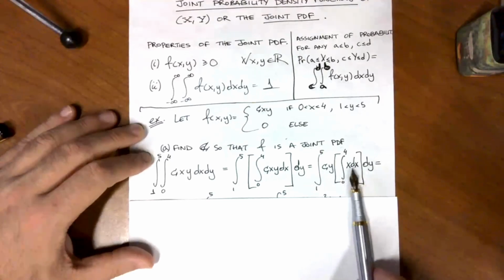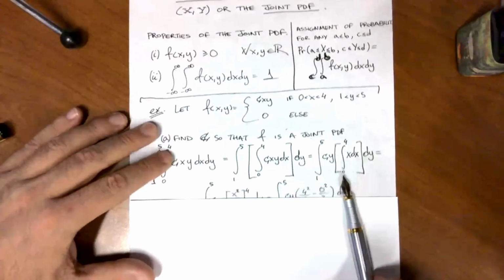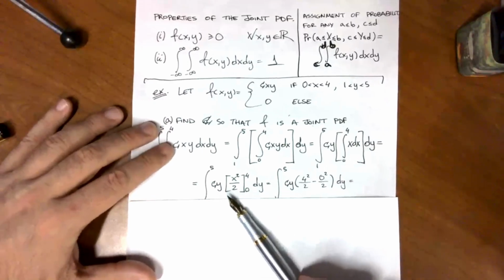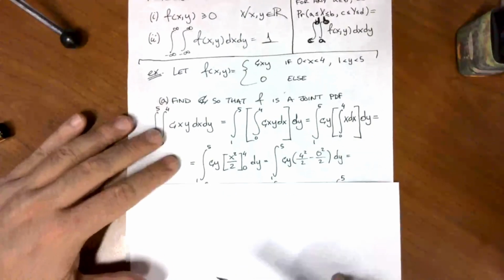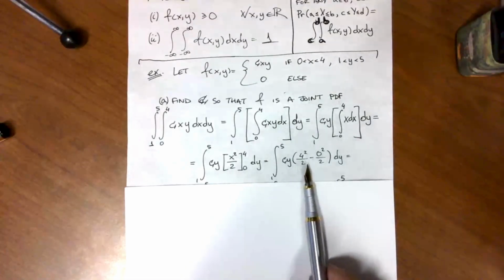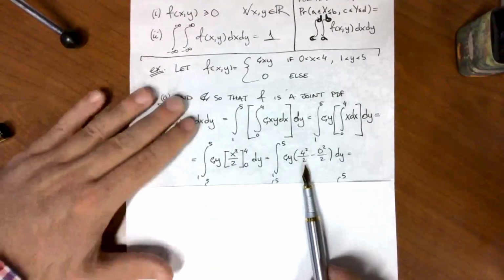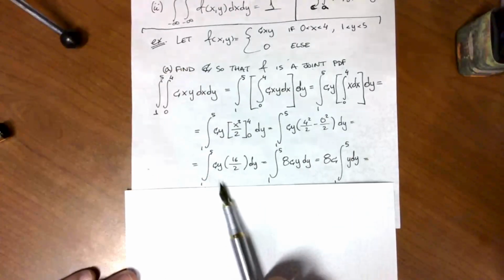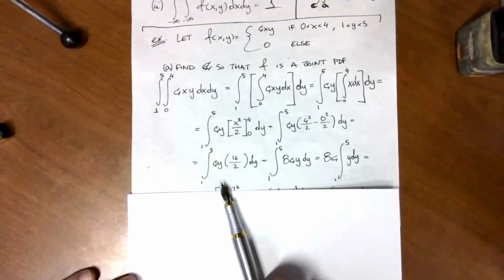How do you do this? This would be x squared divided by 2, evaluated between 4 and 0. You can do this calculation over here, and I don't believe I'm skipping any steps in this analysis. So this is going to be 16 divided by 2. And now we are ready to calculate the second, the outer integral.